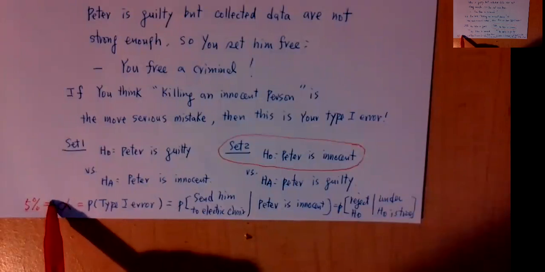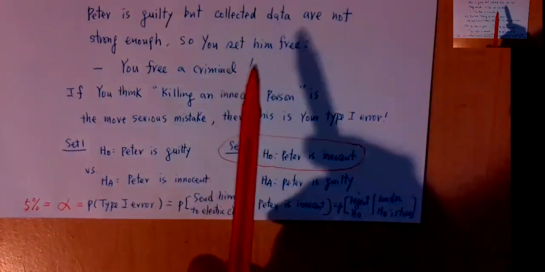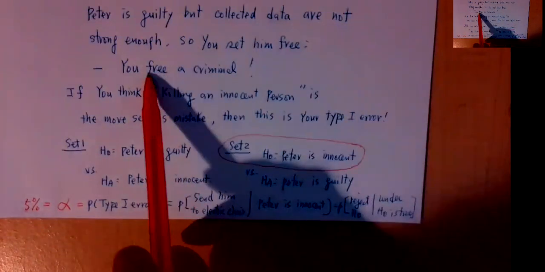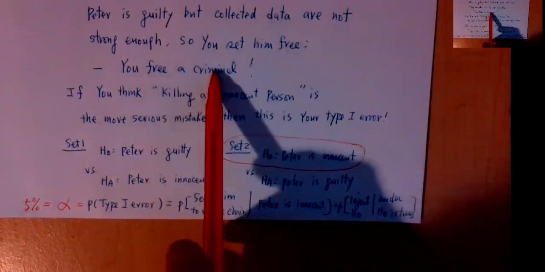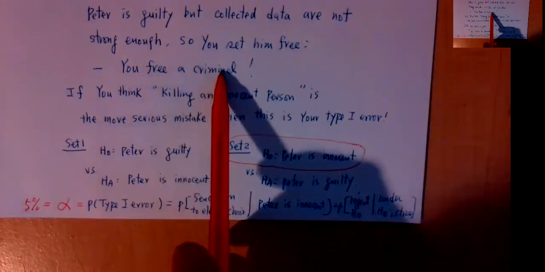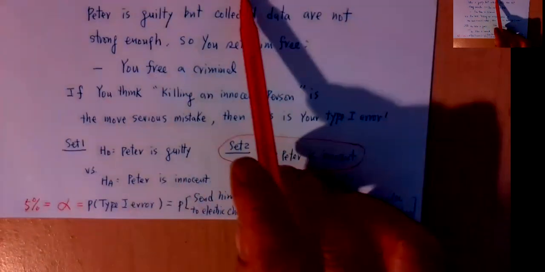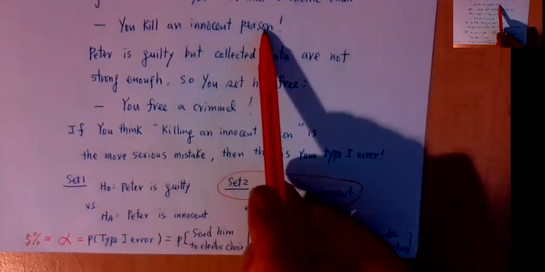So on the other hand, you are more likely to make the other mistake. You're more likely to free a criminal, okay? But that's fine, because in your position, freeing a criminal is a mistake, but it's not as serious as killing an innocent person, okay? Not as serious as killing an innocent person.